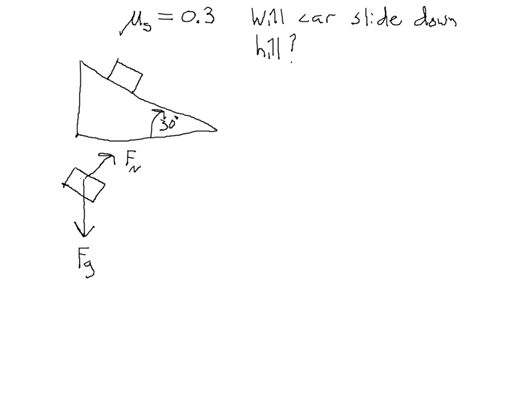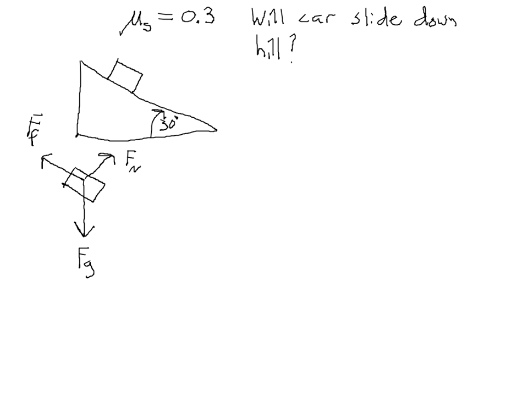And friction parallel to the plane, pushing uphill, trying to prevent our car from sliding down. The only question is, is the friction going to be strong enough to do that? Those are all the forces that are acting on our car.